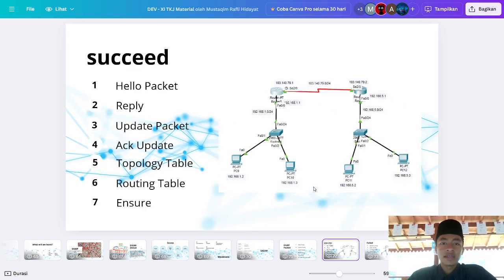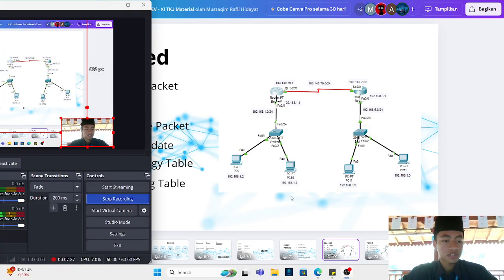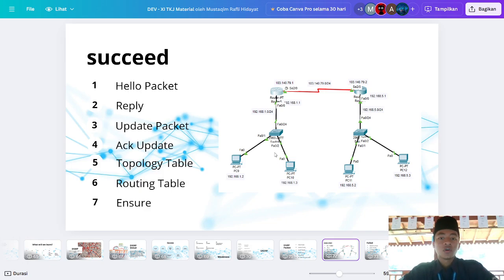So here is an example of when EIGRP is going to succeed. The router here sends a hello packet to another router, its neighbor. If it sees that this router is using the same EIGRP number, then it replies.